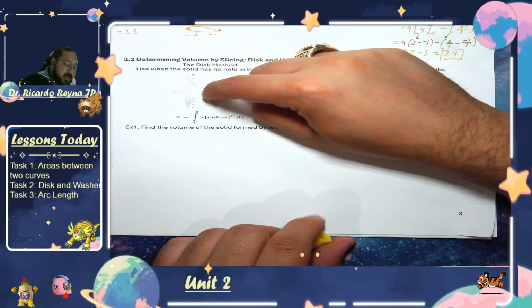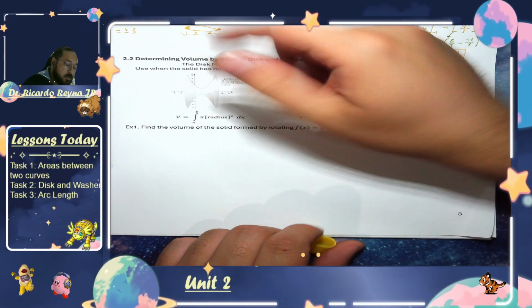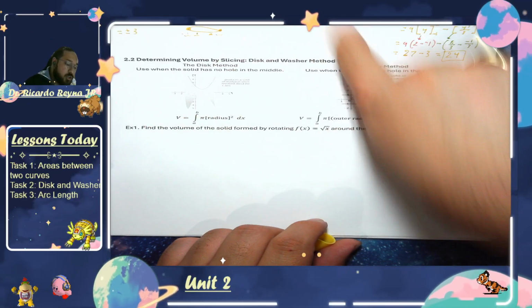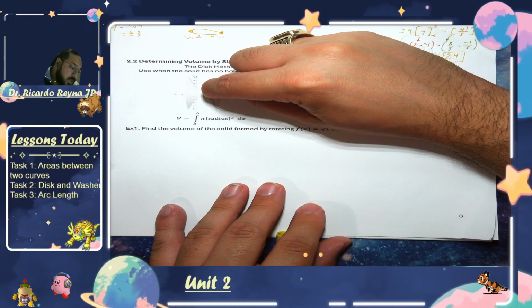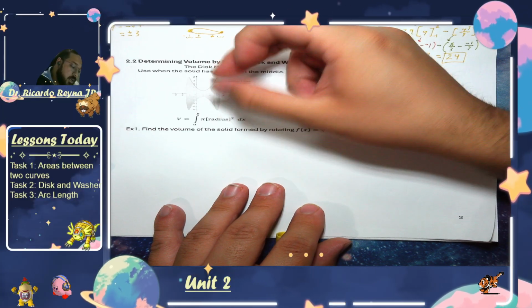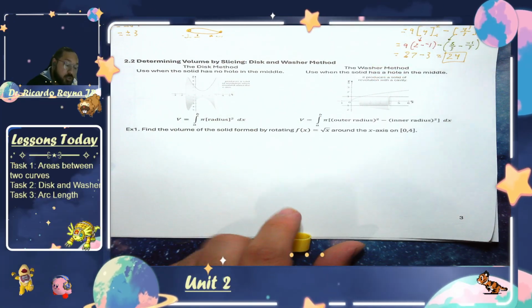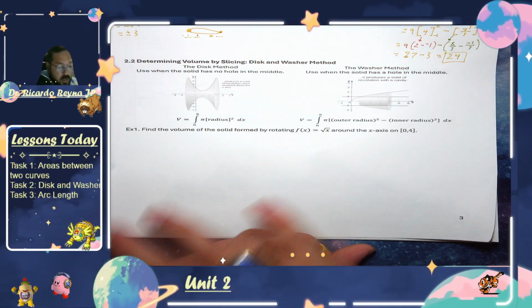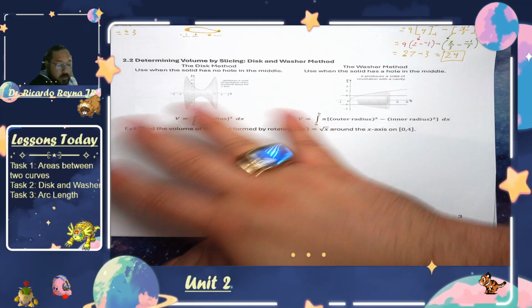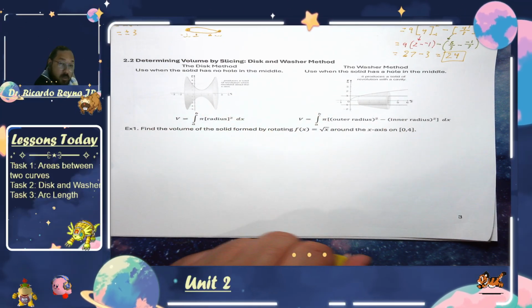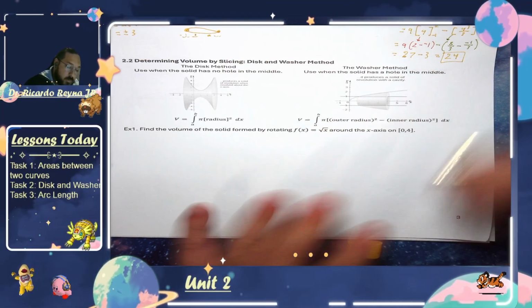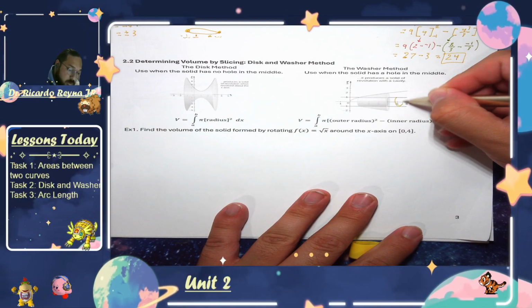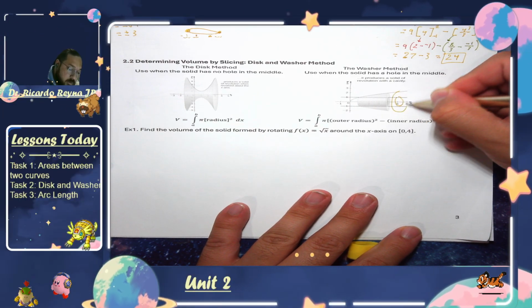And we see that this is rotated to give us a circular shape. Even though the radius decreases here and increases here, it's still a consistent circle. The washer follows a similar idea, but we call it a washer because there is a hole in the middle. So there's a hole from here to here.